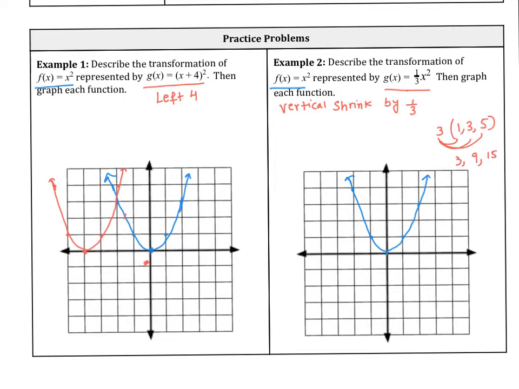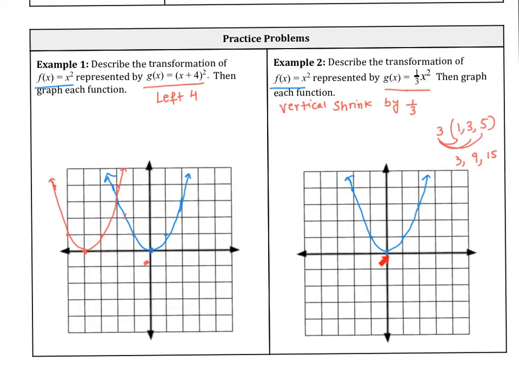So just remember that we multiply the 3 to the pattern and move up if we have a vertical stretch. But in this case it is a vertical shrink, so it means that we are not going to move 3 up, 9 up, and 15 up. We are going to move to the left or right 3 units, or 9 units, and 15 units.